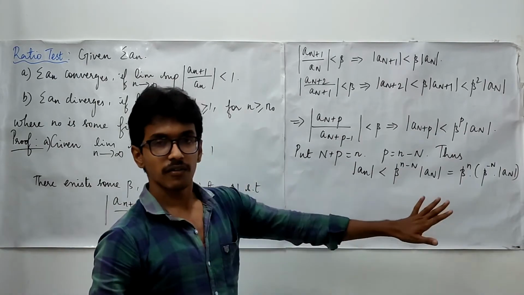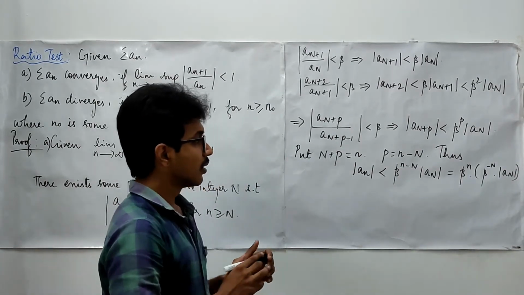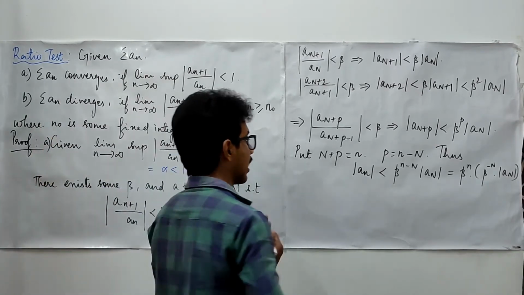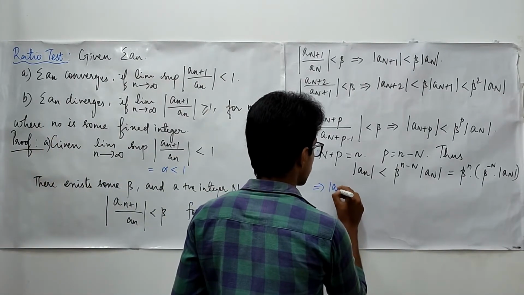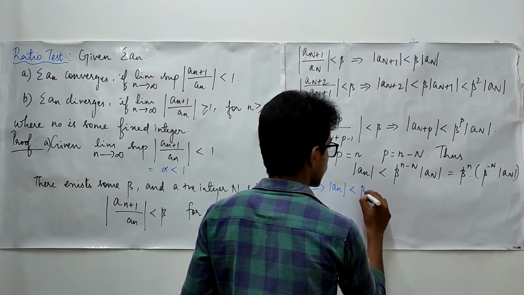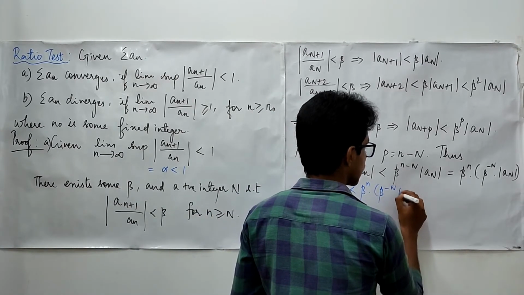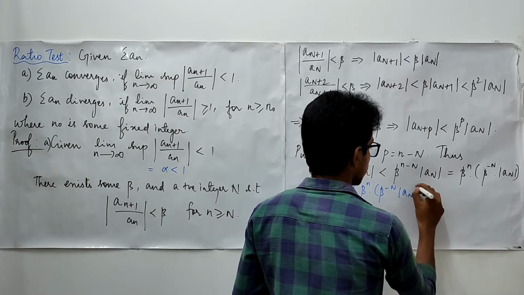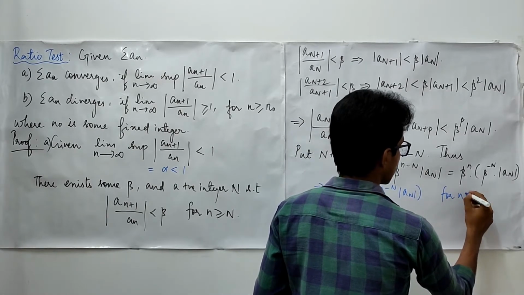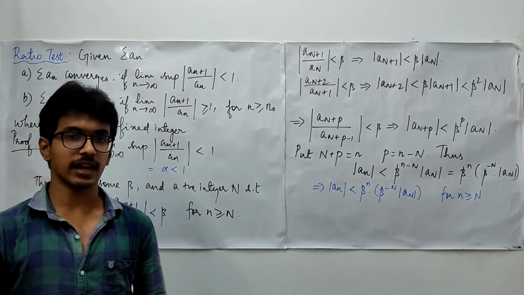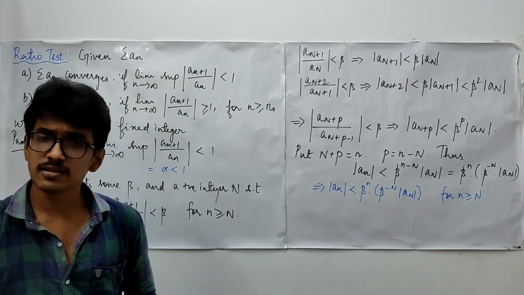Okay, we have this. What we actually have is that the absolute value of an is less than beta power n times beta power minus N into the absolute value of an, and this is true for n bigger than or equal to N, right? This is exactly what we have, and this tells you what.